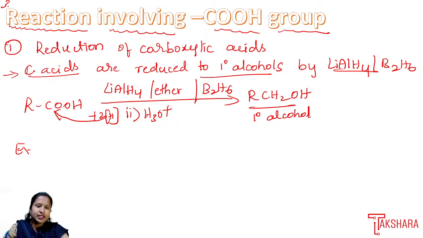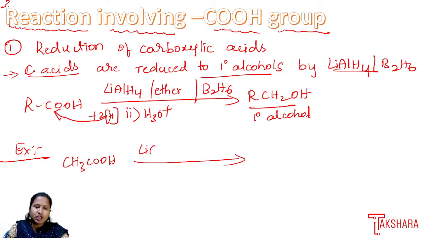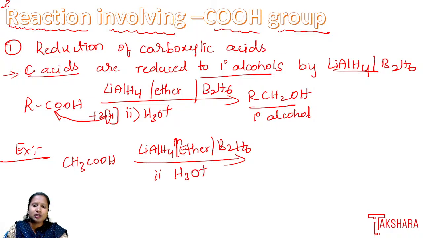So now let us see an example. In place of R, let us substitute CH3COOH. Again, when it undergoes reduction with LiAlH4 in ether medium or diborane, and also in the presence of H3O plus, what happens here? 2 moles of hydrogen are added, that is addition of 2 hydrogen atoms, because it is undergoing reduction.